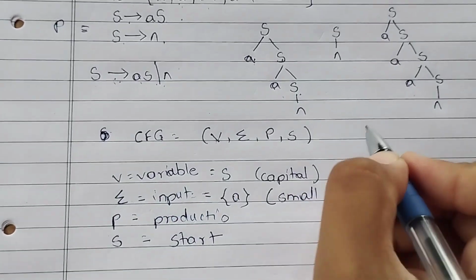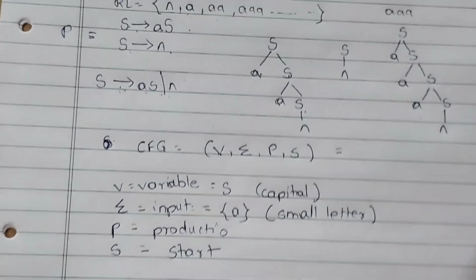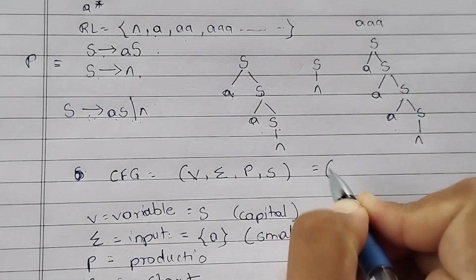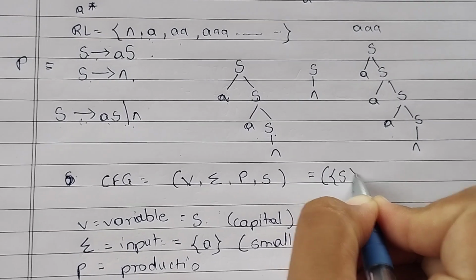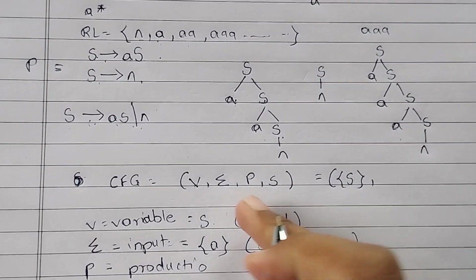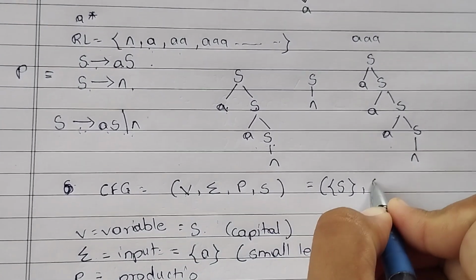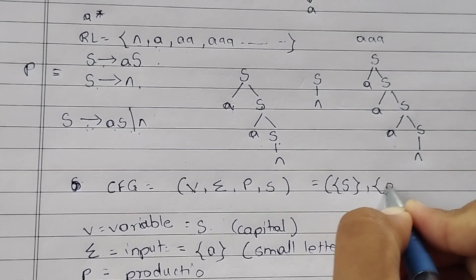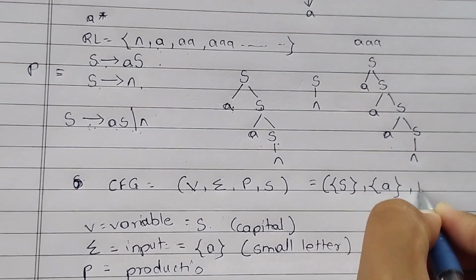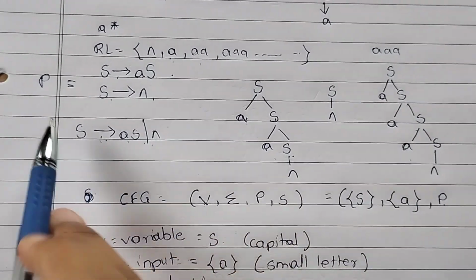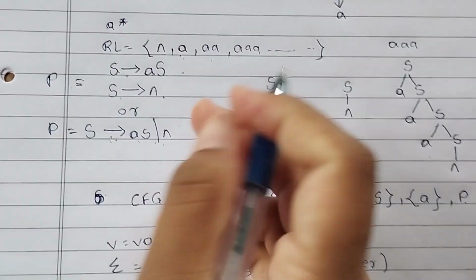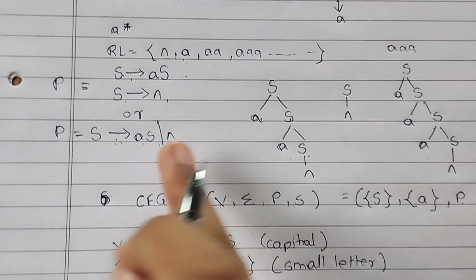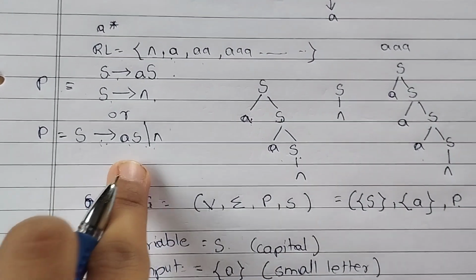So if we want to write this CFG now, how do we write it? V means our S, so this S variable, then the small letters, the inputs. So here only A is the input. Then P, and for P we initialize our production here. Or if you write this, then it is also correct, and if you want to write in this form, then it is also correct.